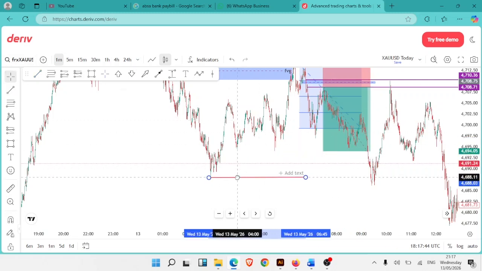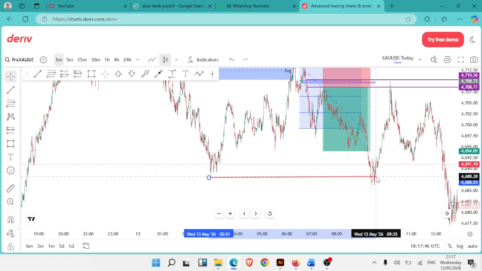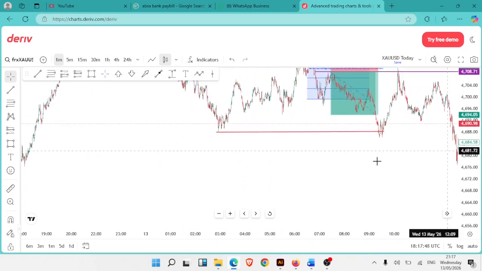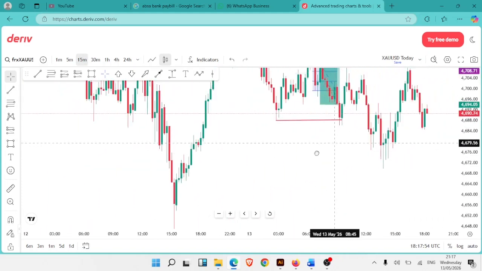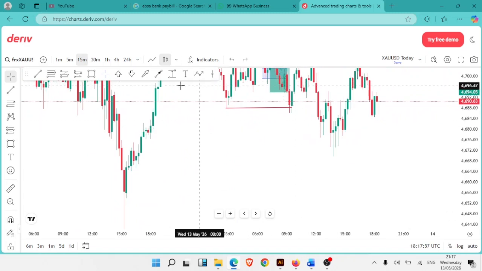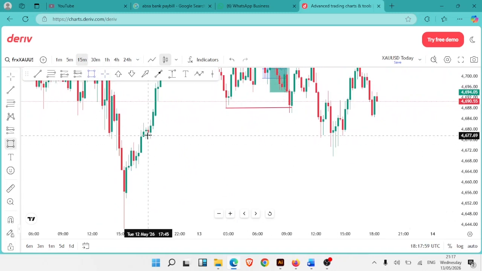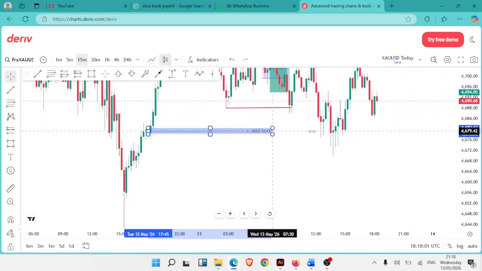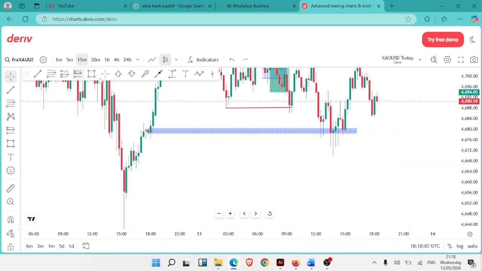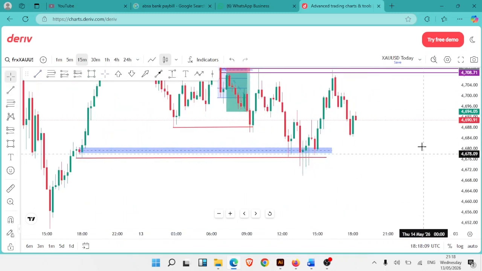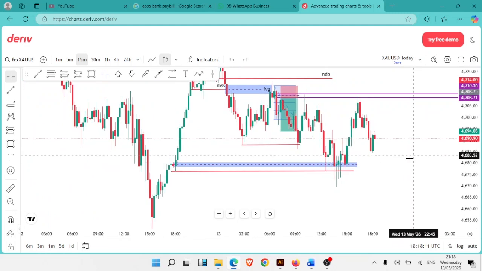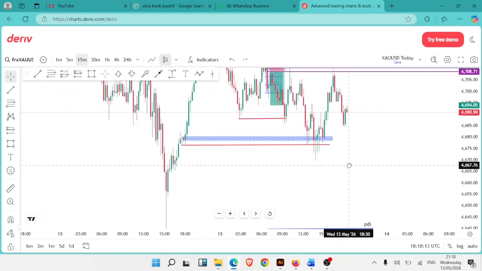This was TP1, and then for the second TP, let me use a 15-minute time frame, that is clearer. So first TP was this and the second TP was this order block right here, an order block and a pool of liquidity right below it, which is the relative equal lows. And that is how we participated in this price action.